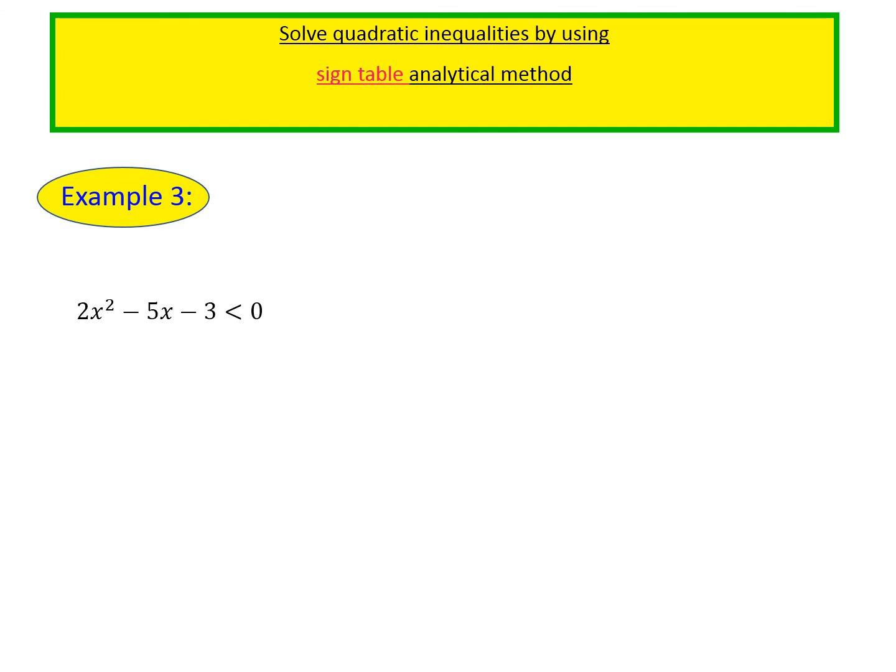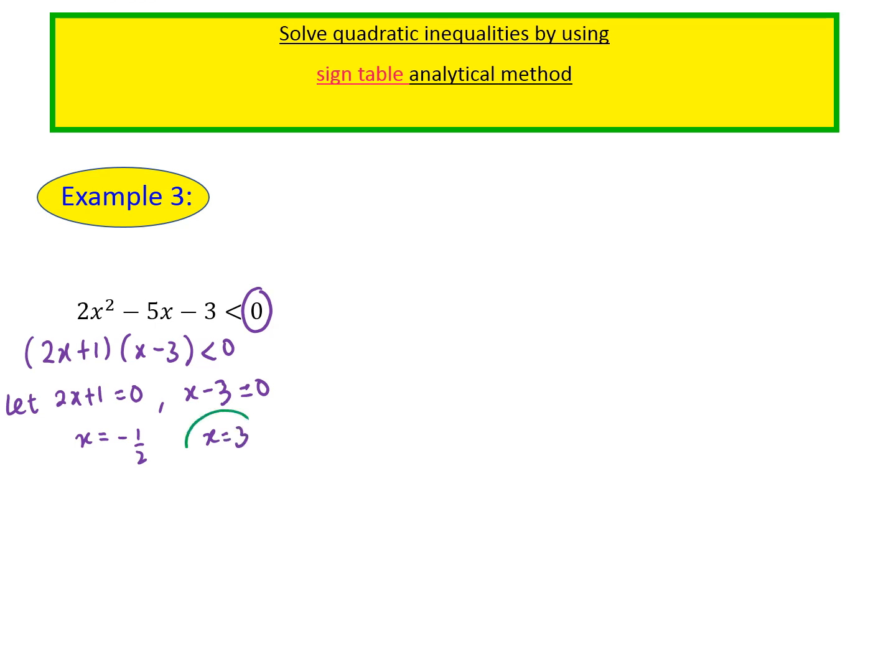Okay, now for example number 3, my right hand side is already 0, so I can factorize straight away. So here I have my factors. Now I let them be equal to 0 so that I can find the value of x. So I found my two values of x.